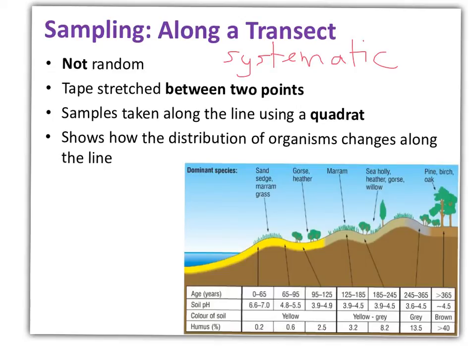So we take a tape, which is called a transect, and we tape it along between 2 points, and then at intervals along that point we would place our quadrat and we would count the number of organisms in the quadrat, and we might be looking at the different types of organisms that are present at each stage along the transect to see if it changes.